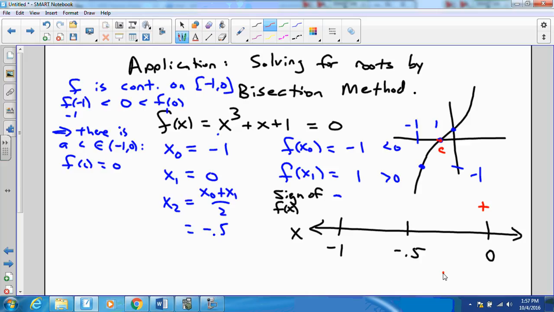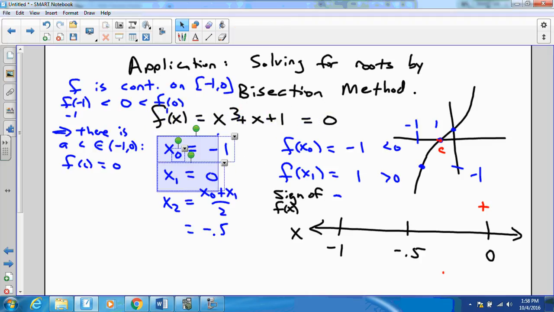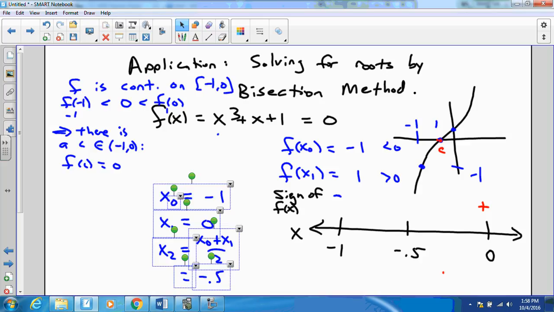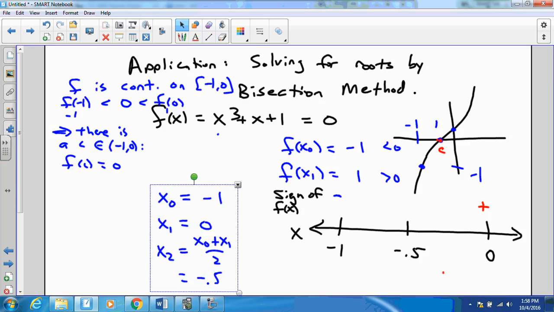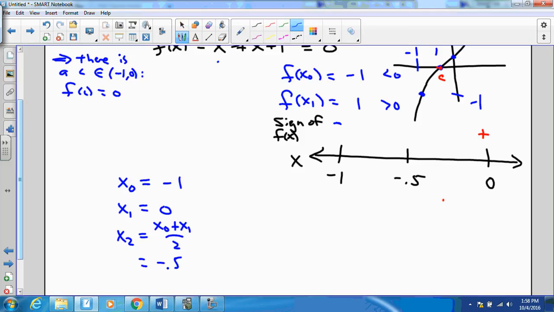So let's have our results off to the side over here. F of x0 was negative 1, f of 0 was 1, and according to the calculator, f of negative 0.5 was positive 0.375.